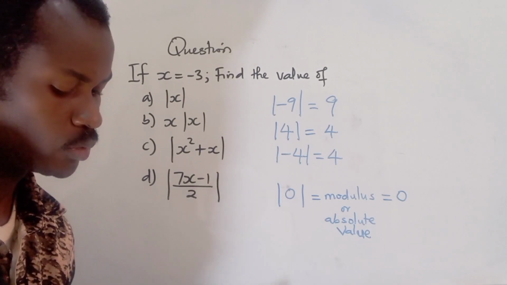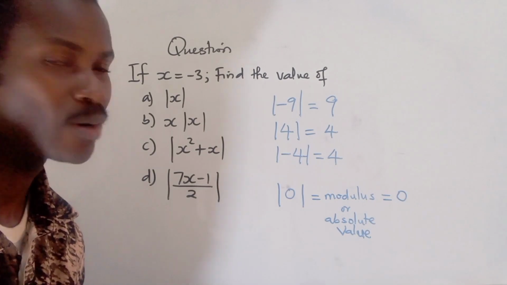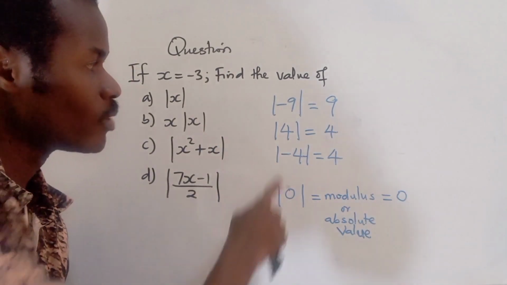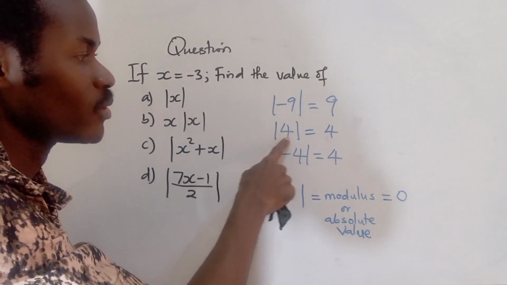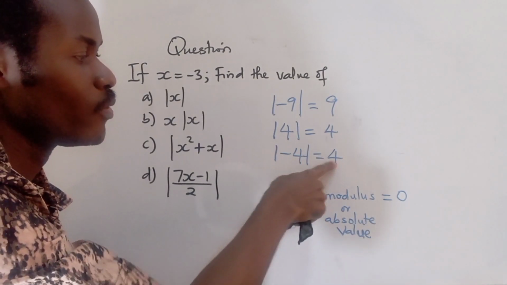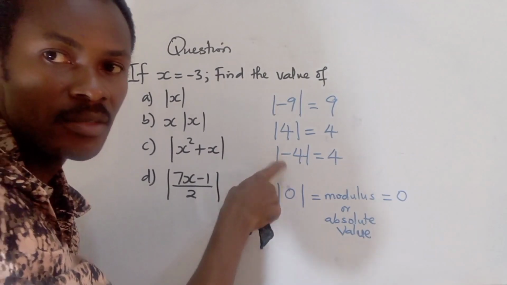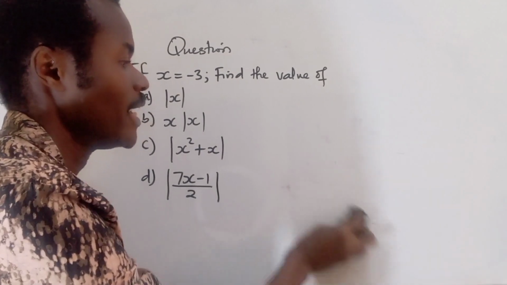Modulus simply has to do with the actual size of the real number ignoring its sign. The actual size of minus 9 is 9, the actual size of 4 is still 4, and the actual size of minus 4 is actually 4. Now let's use this knowledge to solve the problems we have on the board.